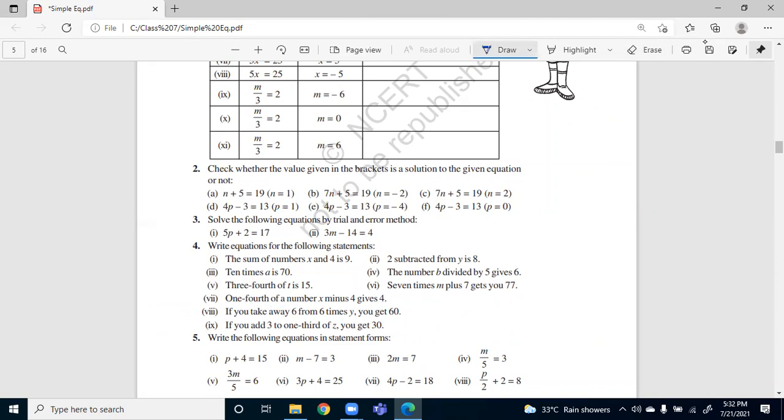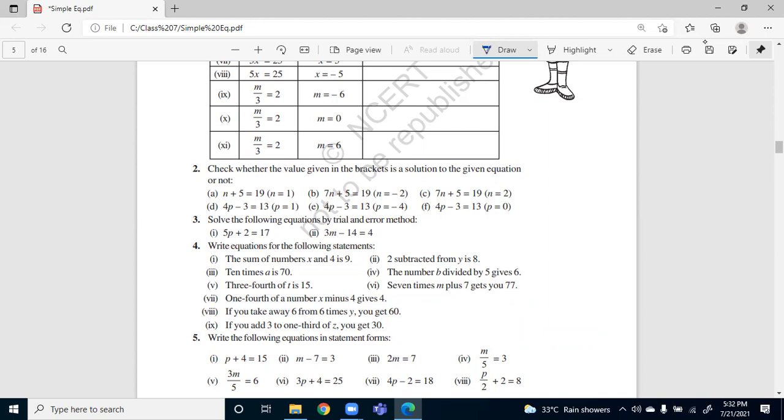Okay, so now you are being given an equation. You have to convert it into a statement. So the equation is given, we have to do the reverse of question number 4. So we will be writing a statement. I am writing the first one.